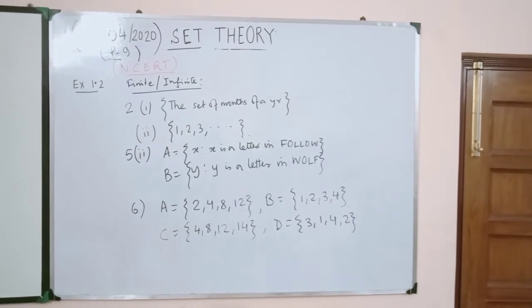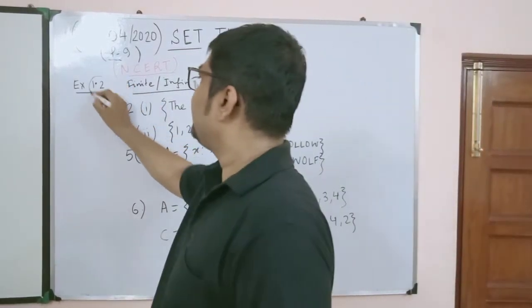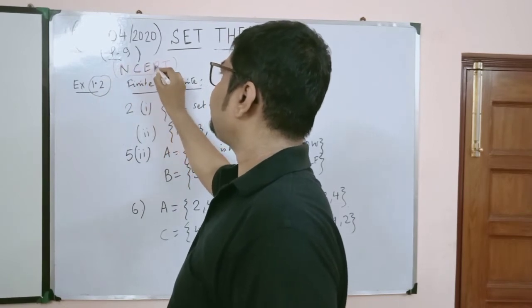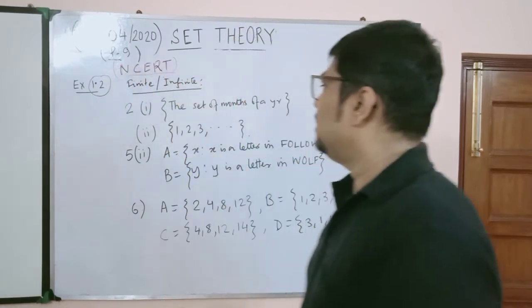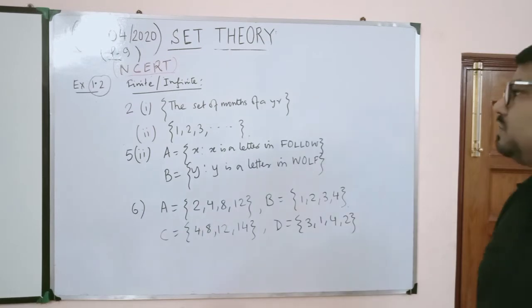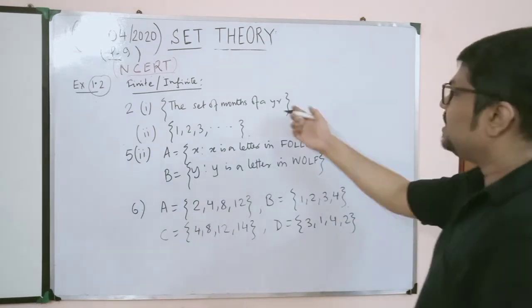Okay, we write a few questions from exercise 1.2, you can see, from the same NCERT. Now first we have to find out which sets are finite and infinite. We have discussed many things about finite and infinite, so compared to that, this is very easy.